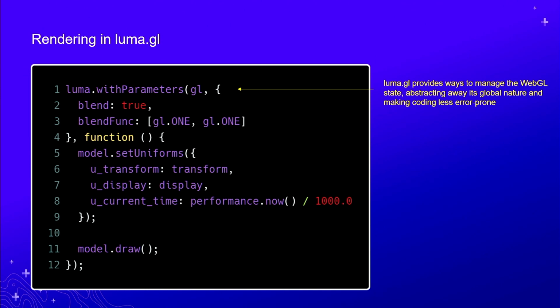And after the callback returns, the WebGL state will be reverted to the original state, and this makes writing code much easier. In this case, the model is rendered by calling the draw function, but before calling draw, we also set the uniforms to something that will position the model properly and configure the shading system in the right way.